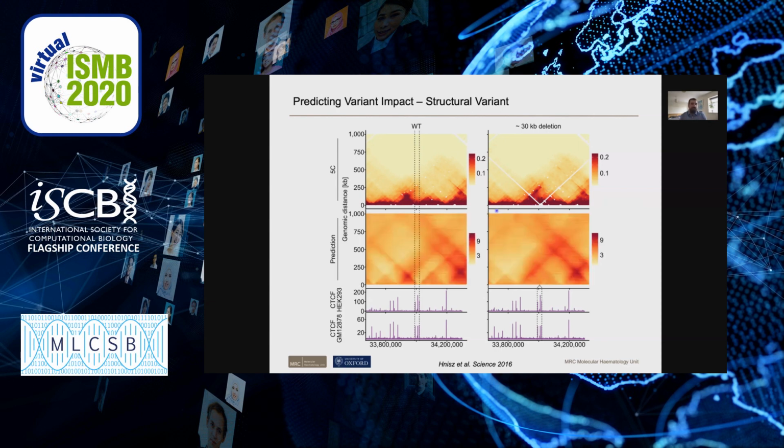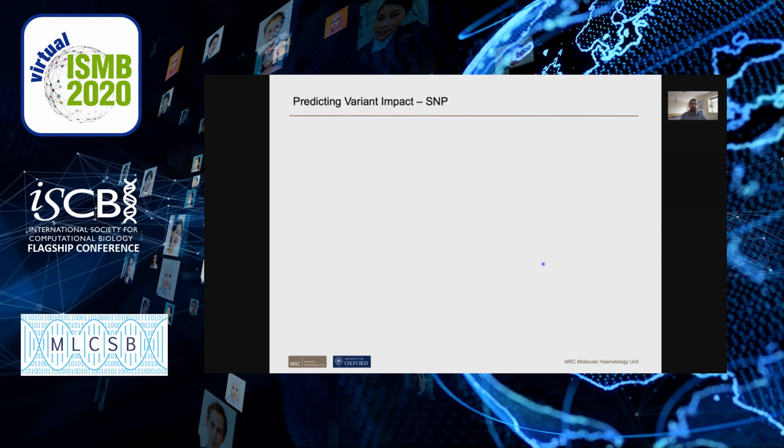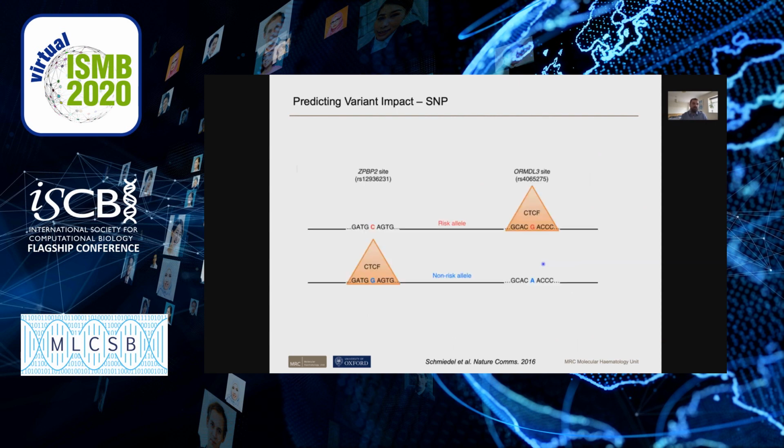Now we can recapitulate that effect when using our sequence-based model, and we see that the model in wild type predicts 2 domains and a merged domain upon deletion of that particular sequence. Now, structural variations you could do with polymer physics models and stuff like that earlier, but what's really exciting about the sequence-based model is that you can actually now use it to predict the impact of single nucleotide variations.